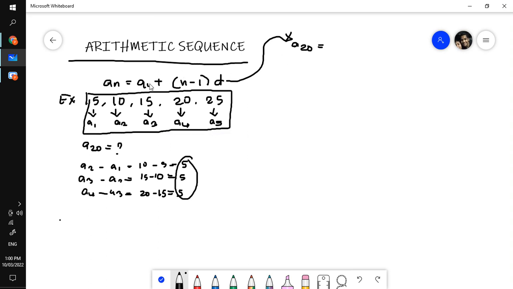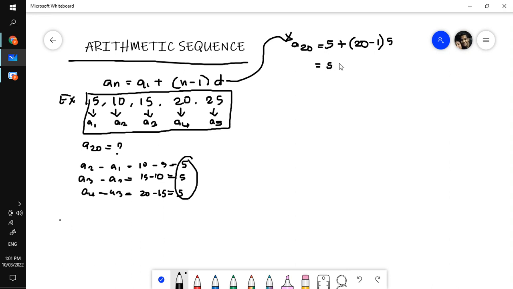So we will substitute 5 to a sub 1 plus our n, that will be 20. Whatever the value of your n in the left side will also be the value of your n to the right side. So we have 20 minus 1 times the common difference, which is equal to 5.